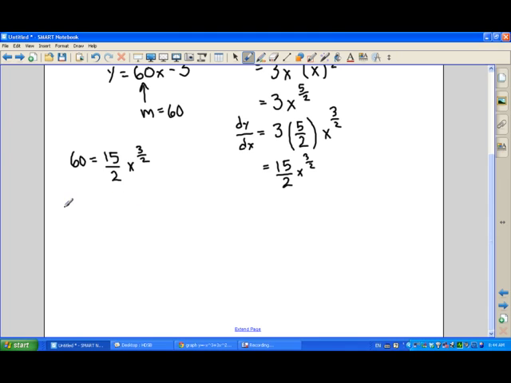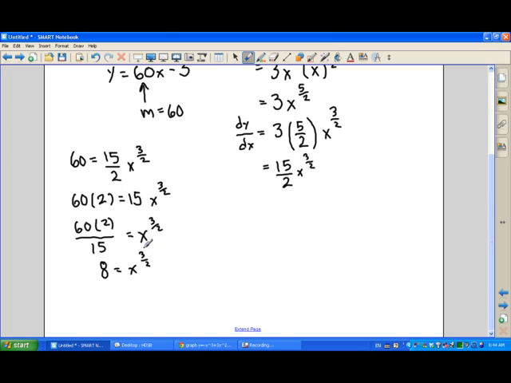So we're going to do some BEDMAS here to solve for this, some backwards BEDMAS. I'll bring up the 2. So 60 times 2 equals 15 x to the power of 3/2. Divide both sides by 15, so 60 times 2 divided by 15 equals x to the power of 3/2. So simplifying this, I get 8 equals x to the power of 3/2.